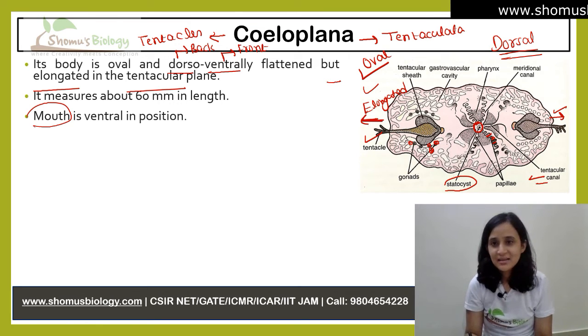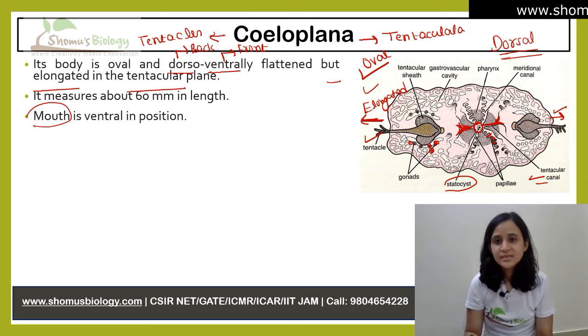And here you will get one tentacular canal. These two are canals, and this is called the tentacular canal because from here two large tentacles are arising. One more canal they have, that is the meridional canal.